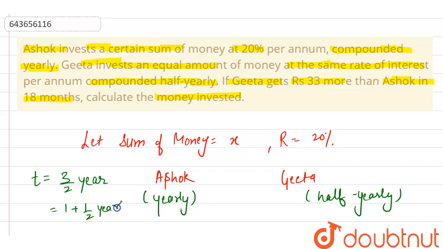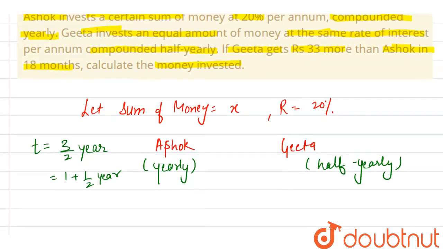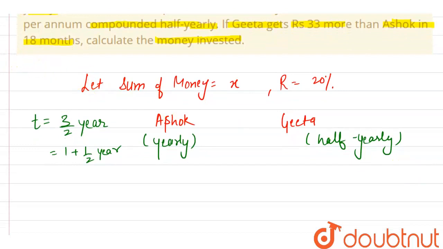Now let's find. Here we know that the amount is equal to P into (1 plus R by 2 into 100) whole raised to power n into t. Let me correct here, it is whole raised to power t into 2.